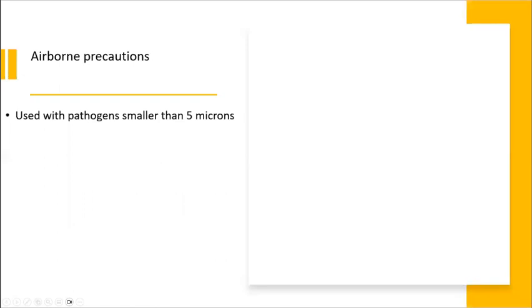Airborne precaution is used with pathogens that are smaller than 5 microns. Because of their size, they can be transmitted by the airborne route. These are droplets or dust particles that can remain suspended in the air.